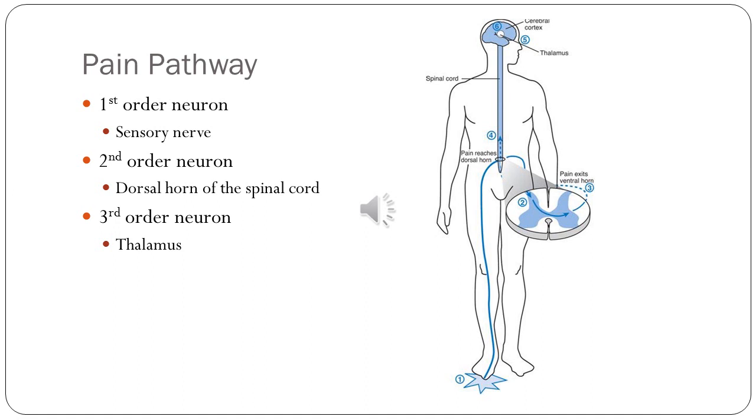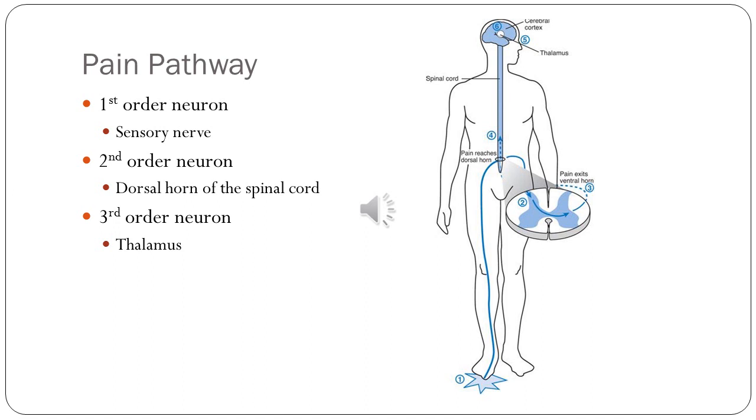That's where the third order neuron comes in, which transmits information from the thalamus to the cerebral cortex. It's at that point that your body is able to say, in this situation, that the injury happened at the toe. So the third order neuron relays information to the cerebral cortex.